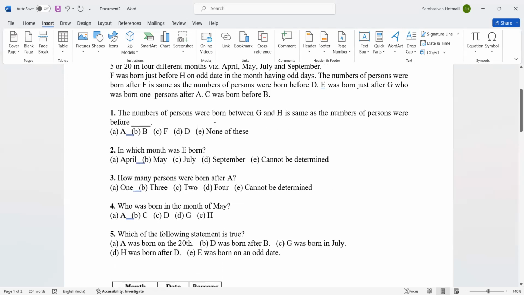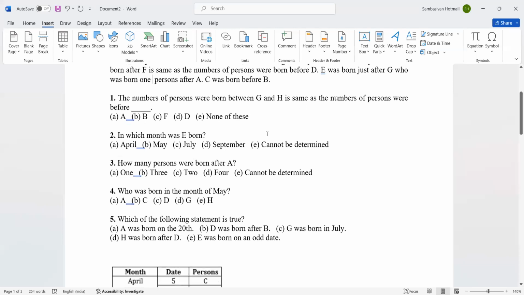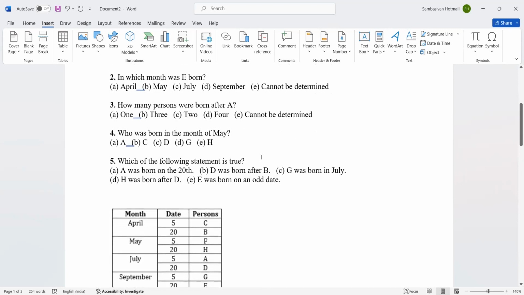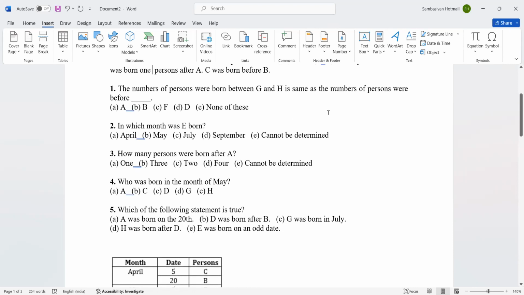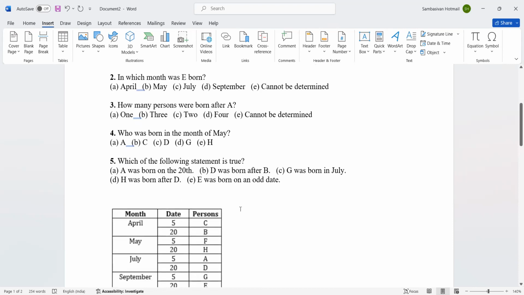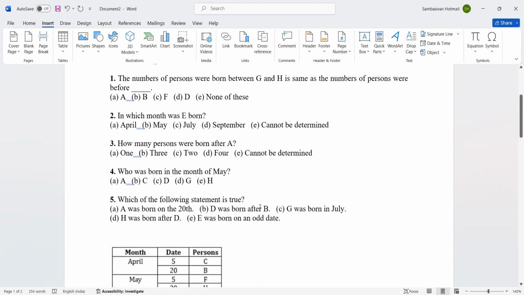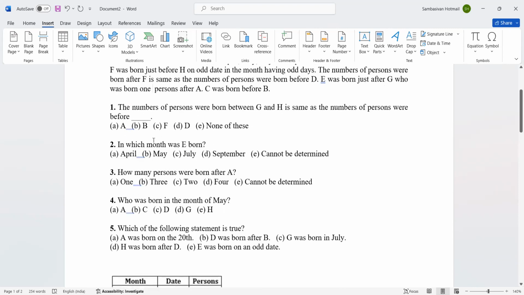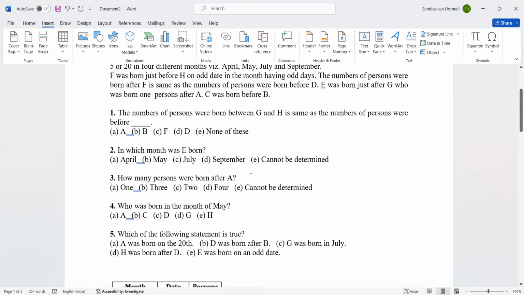The number of persons born between G and H is the same as the number of persons born before G and H. Between G and H there are 2 people, and the same number were born before, so that must be F. And the answer is C.